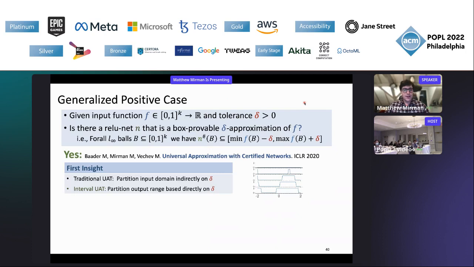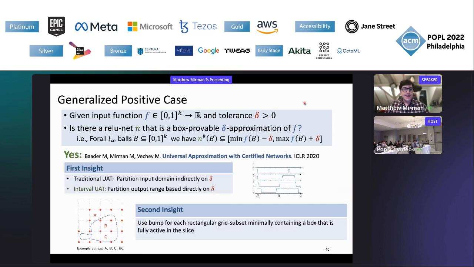The insight here is that whereas traditional universal approximation partitions the input domain indirectly on delta, interval universal approximation partitions the output range directly based on delta, creating slices of these bump functions. This is akin to the difference between Riemann integration and Lebesgue integration.